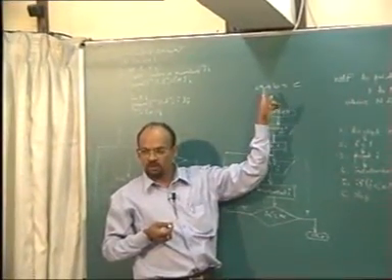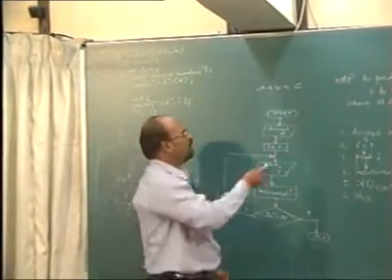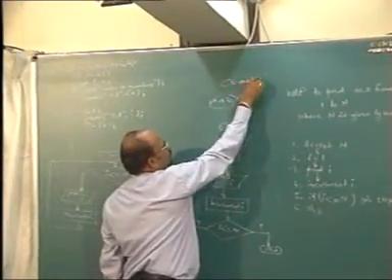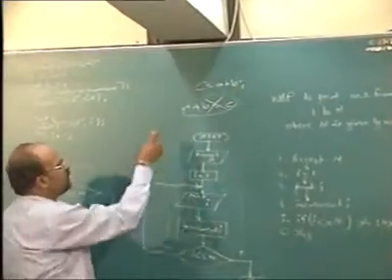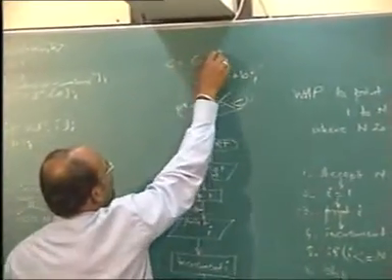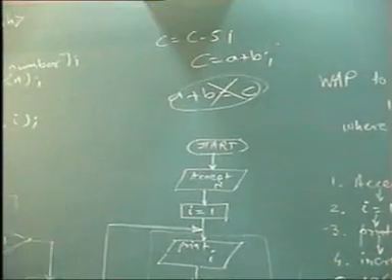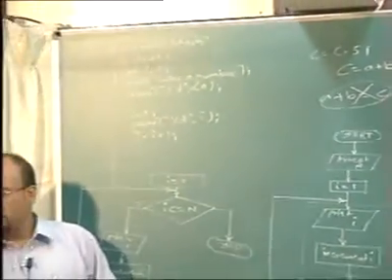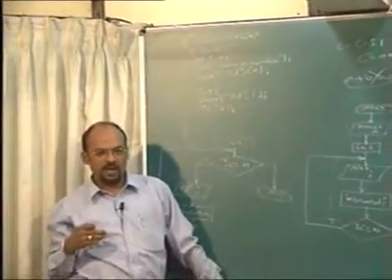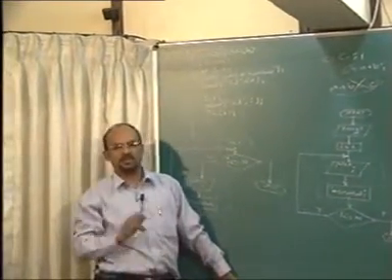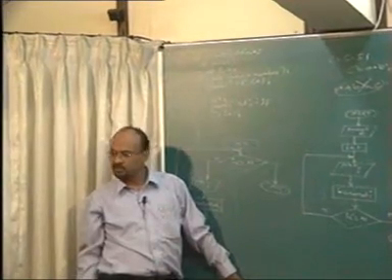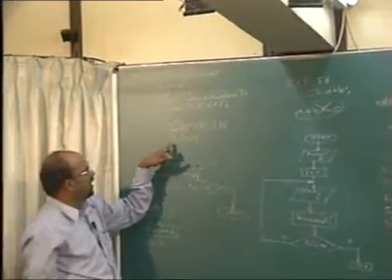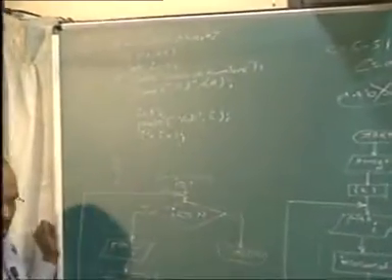If you want to store the value of A plus B into C, the correct statement should be C equal to A plus B. And that's why something like C equal to C minus 5 is also a correct statement. I want to pick up the value of C, subtract 5 from it, and then whatever is the result, store it in C. That is the assignment statement. So here I am assigning I the next value which is incremented.